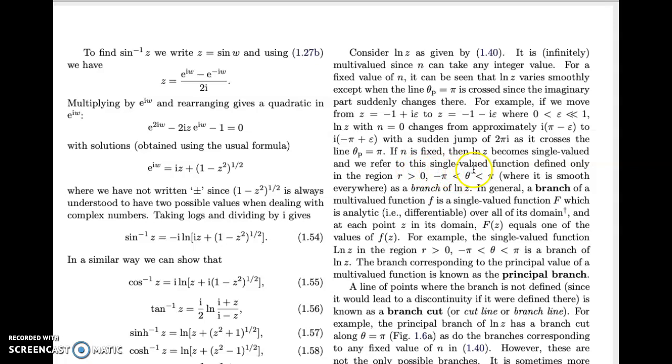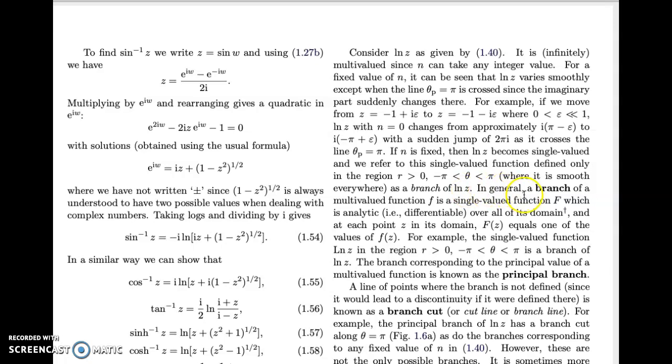But we refer to this single value function defined only in the region where theta is between minus pi and pi. So it's not actually defined when theta equals pi, but between that region it's smooth everywhere, as long as r is greater than 0, the distance from the origin is greater than 0. We refer to that single value function as a branch of the multi-value function log z.